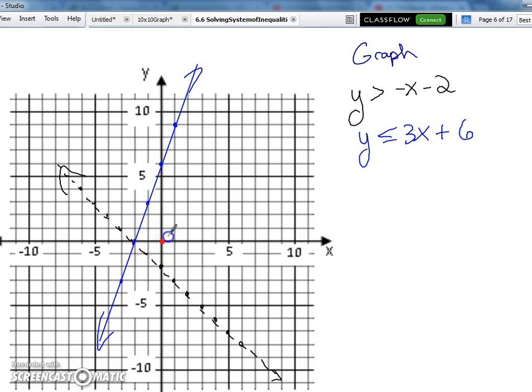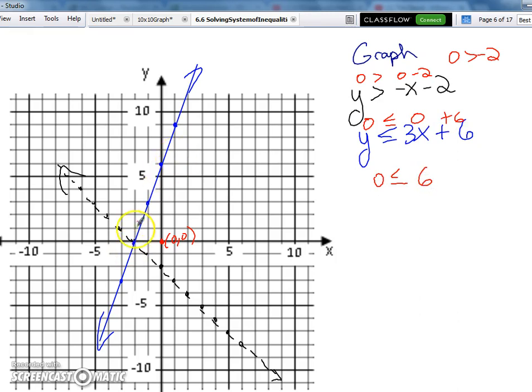I am going to choose that 0, 0 point again, and we're going to test it in the black line first. Put 0, 0 in: 0 is greater than negative 2, which is correct. That's a true statement. So according to the black line, this point does work. Notice it's above the line, so any of these two sections will work. Now on the blue line, if I put 0, 0 in, that's a true statement.